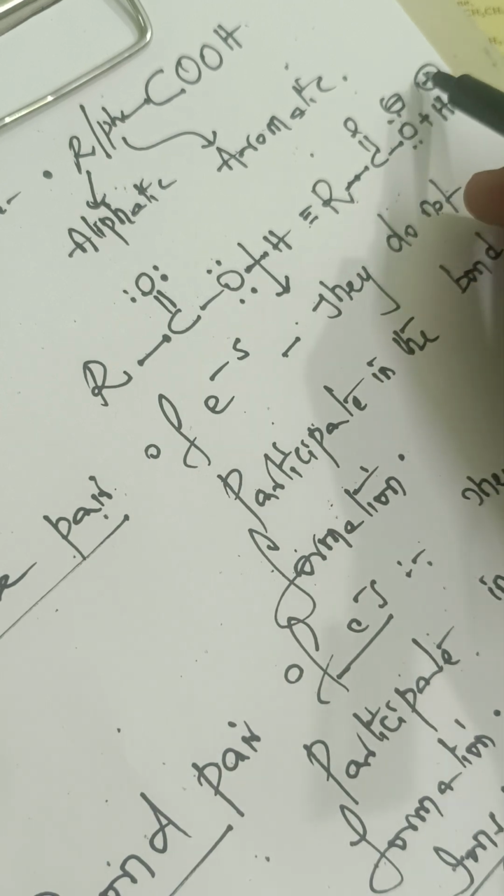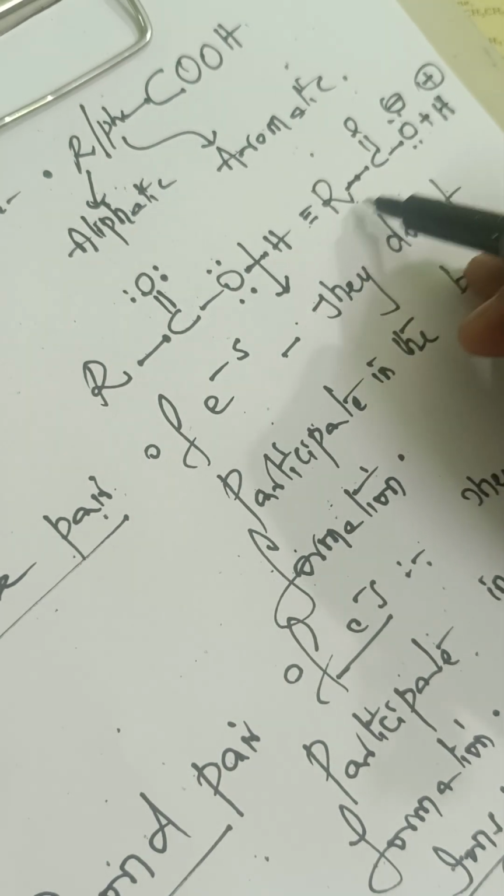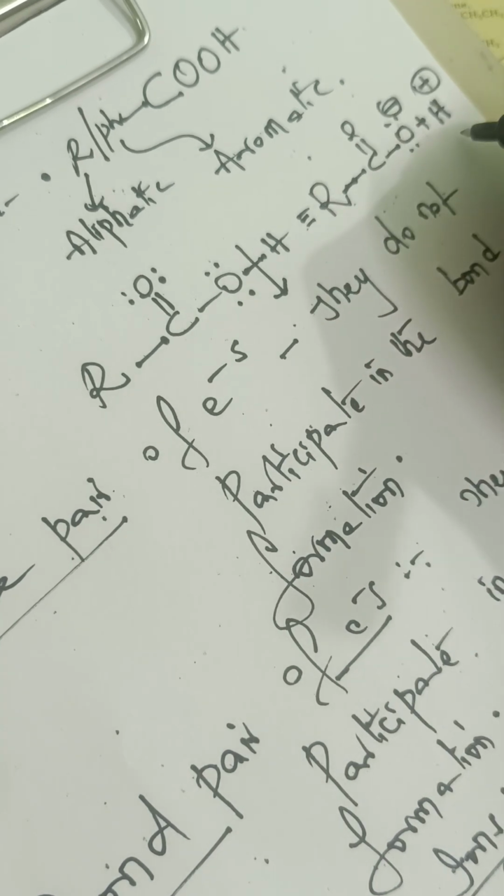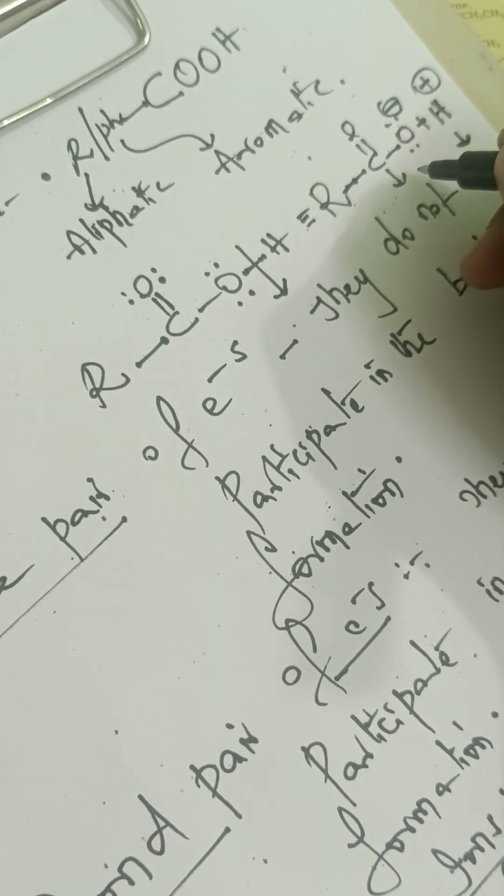Here you have got two types of ions. One is RCOO minus, the other one is H plus ion. There is a name for the H plus ion and a name for RCOO minus.